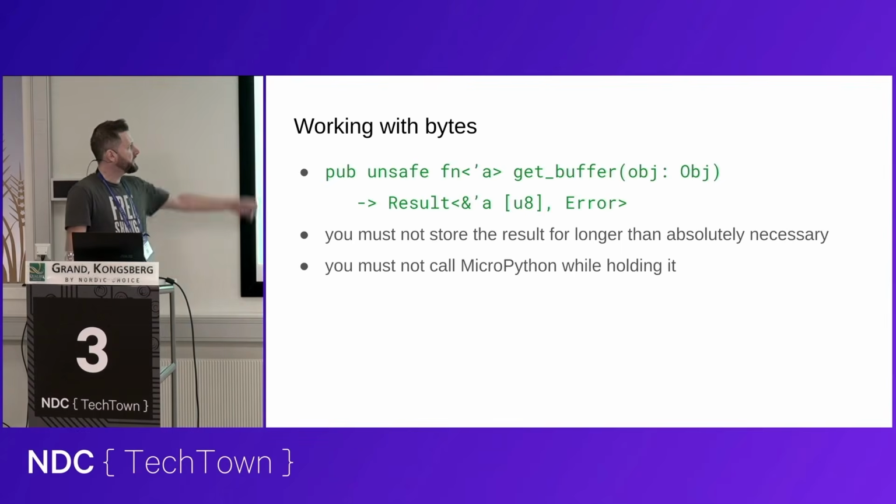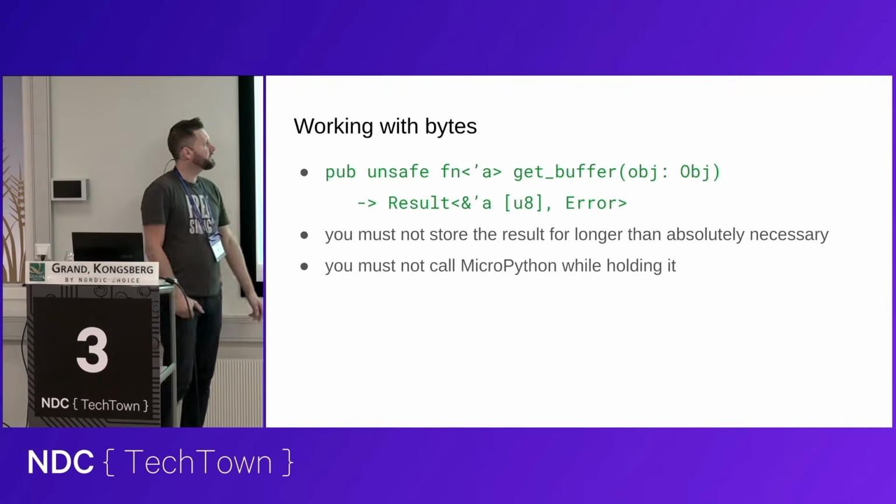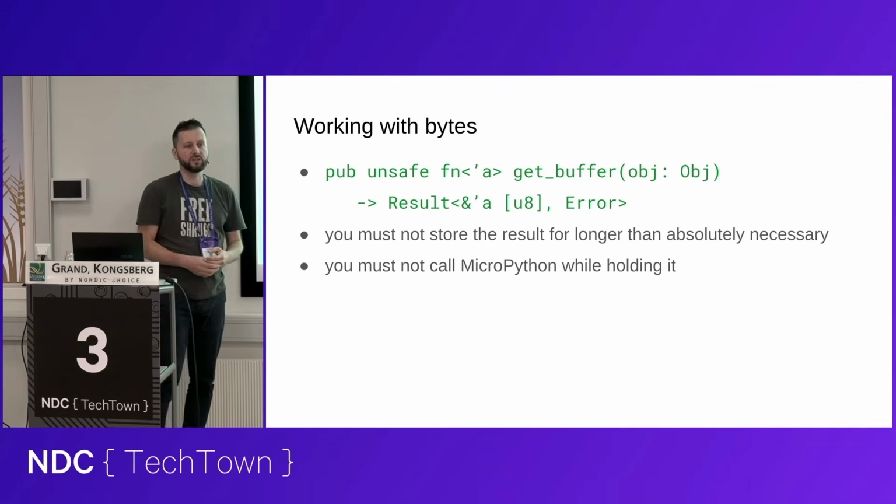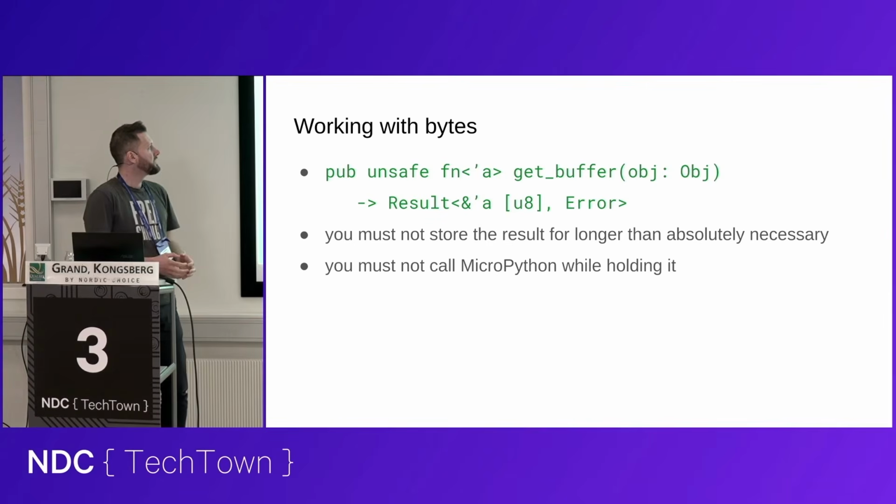We have this getBuffer function, which is unsafe. It has an unbounded lifetime and returns a slice of that lifetime. The unbounded lifetime means that it can be anything, so typically static. So the lifetime annotation is essentially a lie, and the caller must be super responsible about using it.